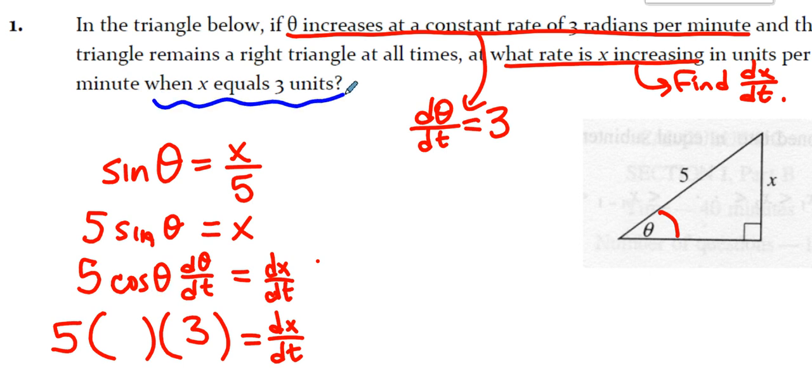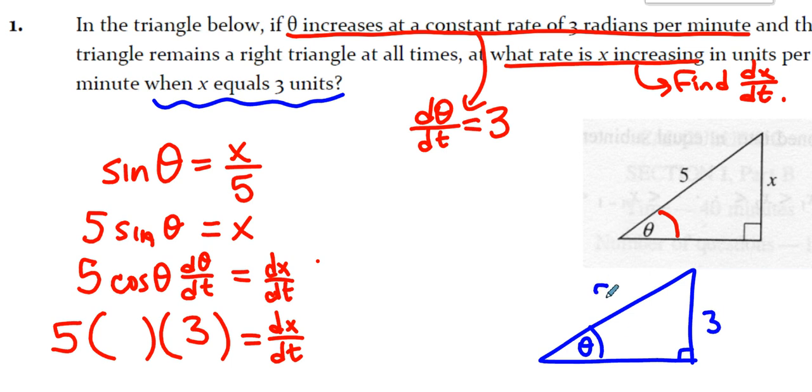When x equals 3 units, which means that there is a special moment in time when x is 3 units. X is not always 3 units, but there's a special moment in time when x is 3. And when x is 3, this is 4.